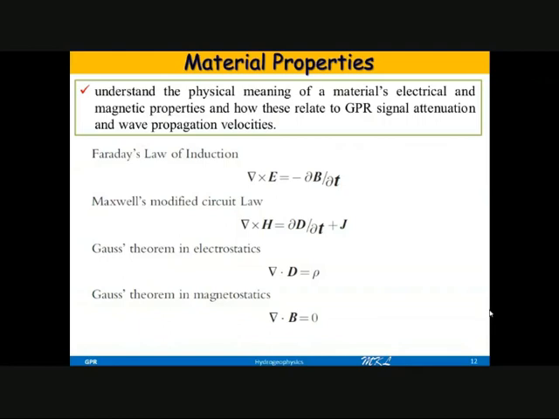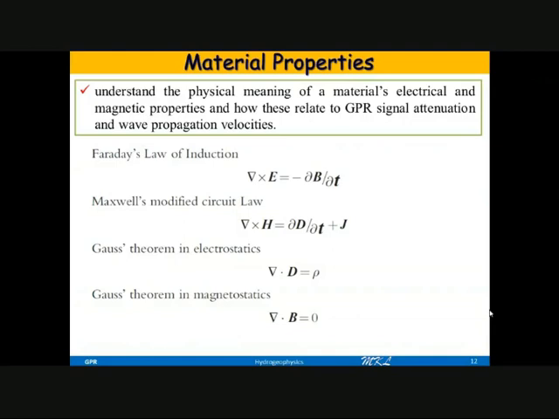Some of them are from electrical properties, some are from magnetic properties, and both combined give you the properties of the electromagnetic wave. So understand the physical meaning of the materials, electrical and magnetic properties, and how they are related to GPR signals, attenuation, and the wave propagation velocity, that will be discussed here. I'll discuss this theory very briefly.